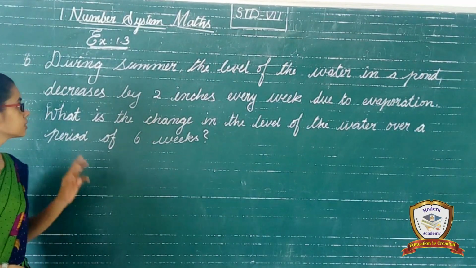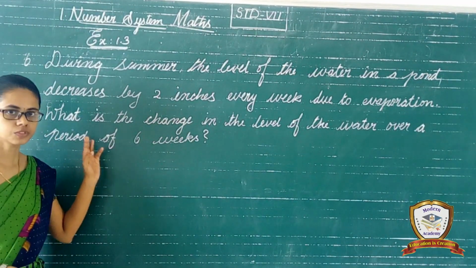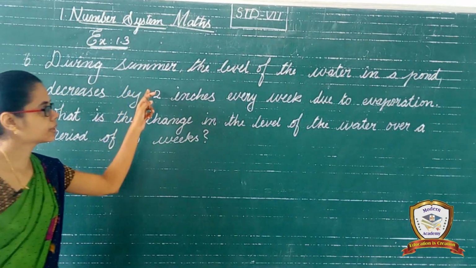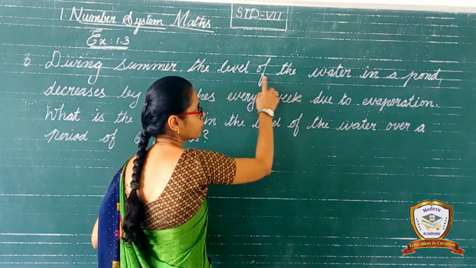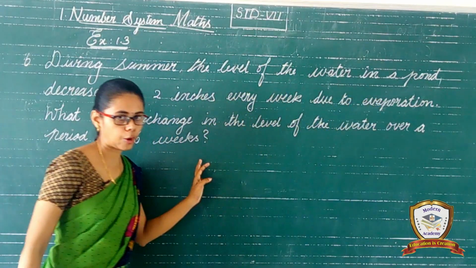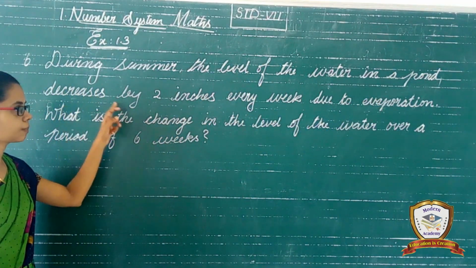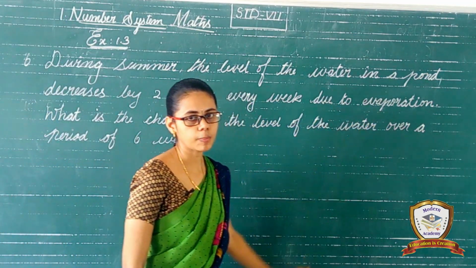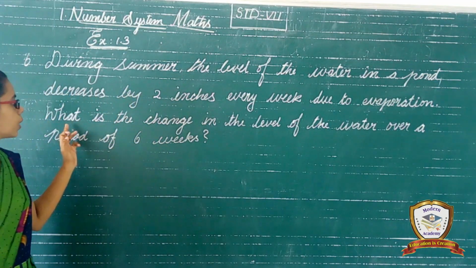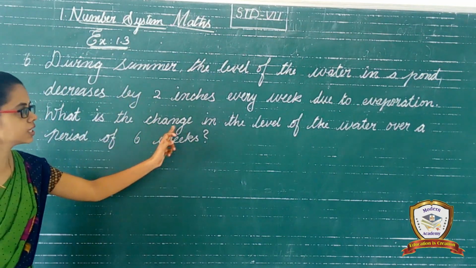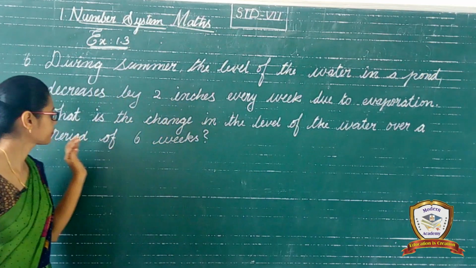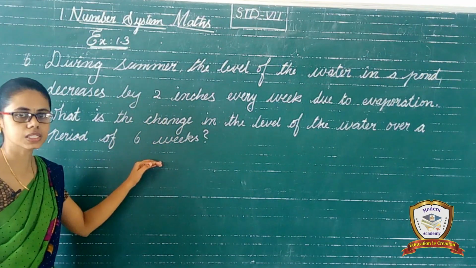Okay, shall we move to the next problem? See in sixth problem, during summer the level of the water in a pond decreases by 2 inches every week due to evaporation. And what is the change in the level of the water over a period of 6 weeks?